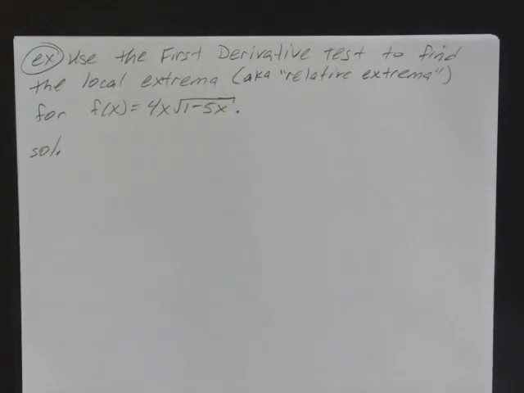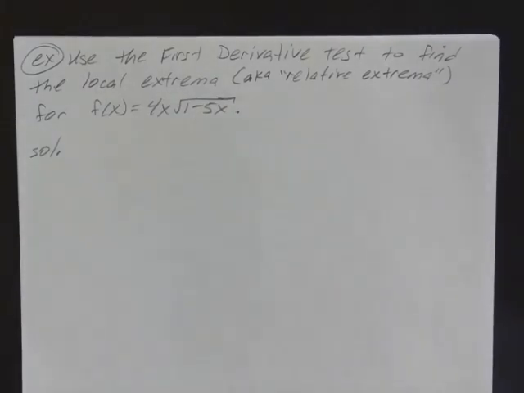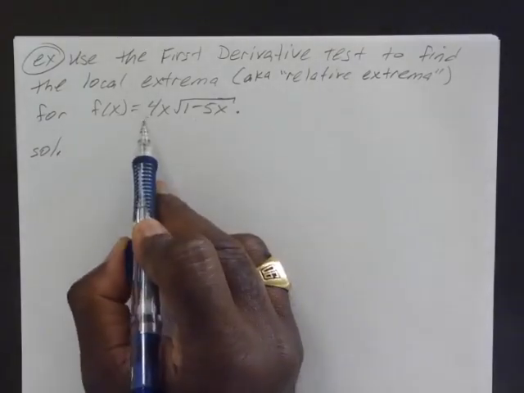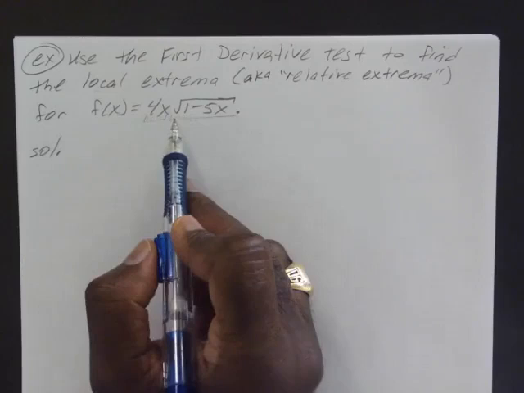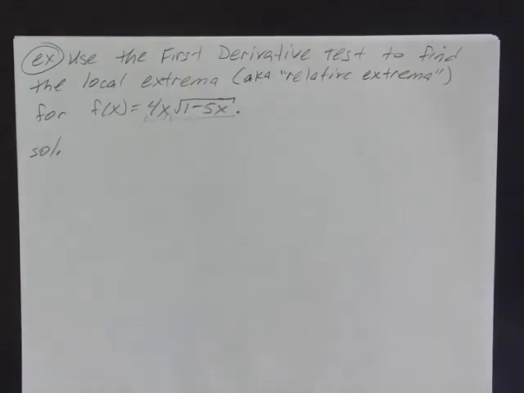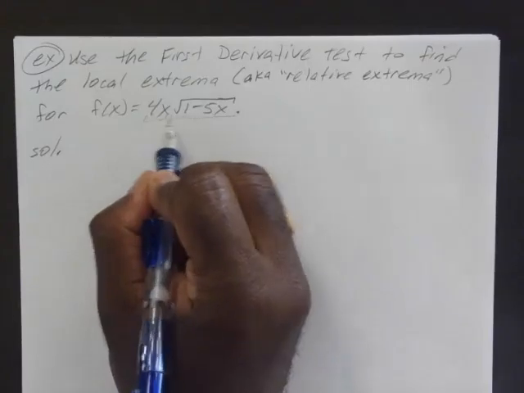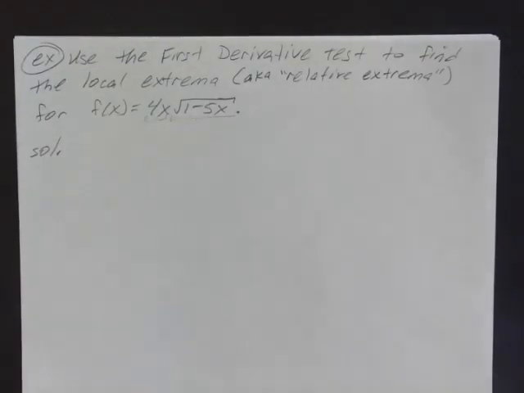Okay. Now with this one, you have to be careful because you have a square root. So whenever you're multiplying two functions and one of them happens to be a square root or a fraction with the x or the independent variable in the denominator, you want to compare them to see what the overall domain is.